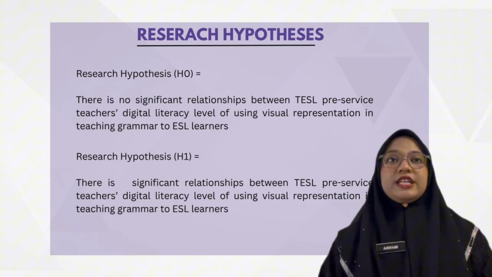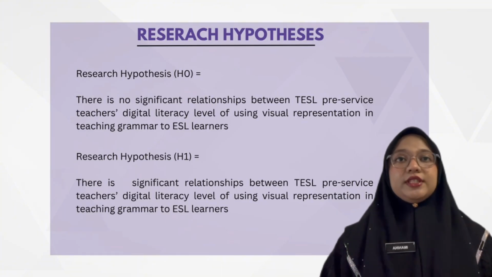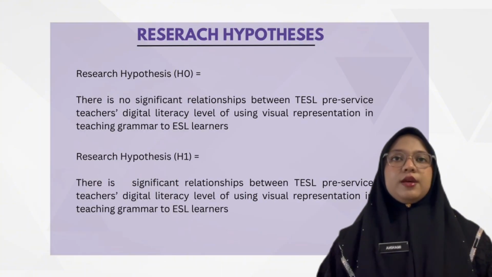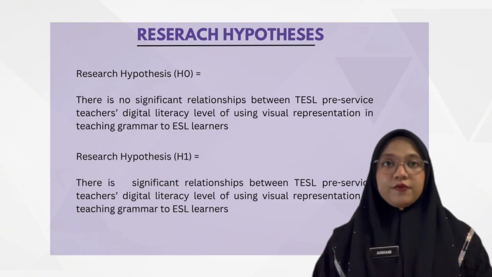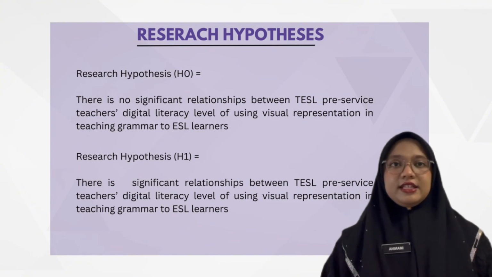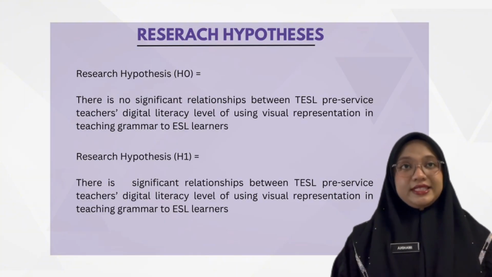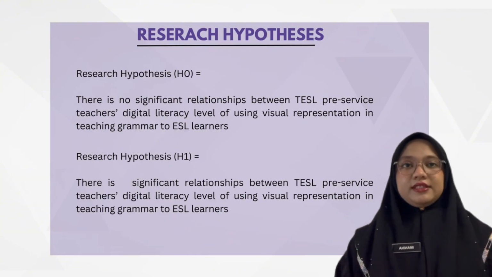Next, I will explain the research hypotheses for this study. A research hypothesis refers to a prediction about the relationship between variables that can be tested through data analysis. In this study, there are two types of hypotheses, which are the null hypothesis and the alternative hypothesis.